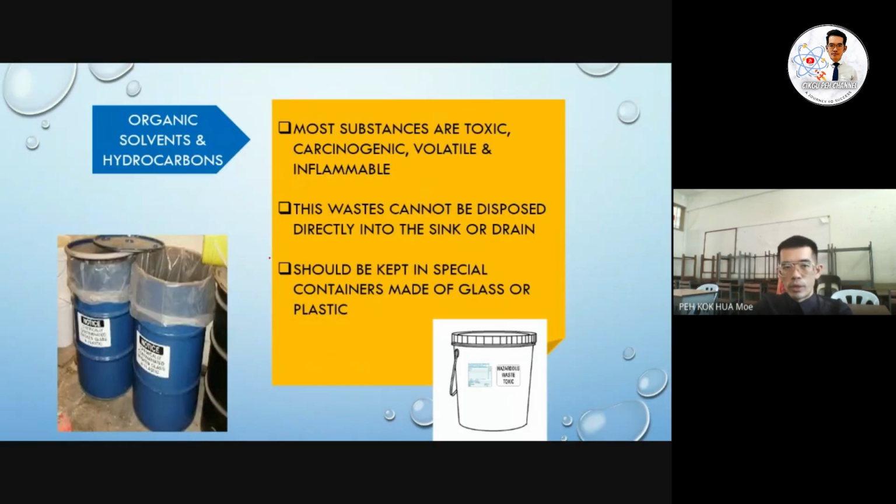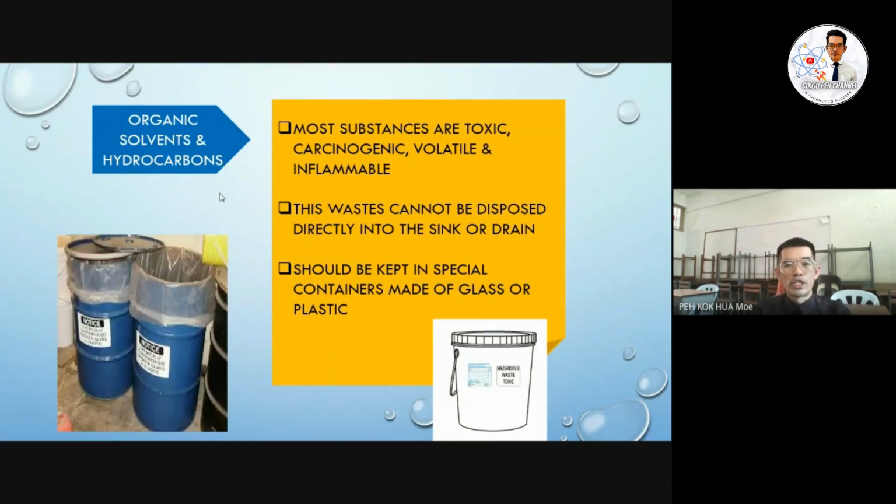Then we have organic solvents and hydrocarbons. As mentioned, for example we have petrol and kerosene. They are very easy to vaporize, so they are volatile, flammable chemicals.